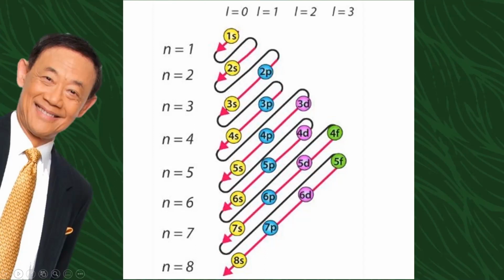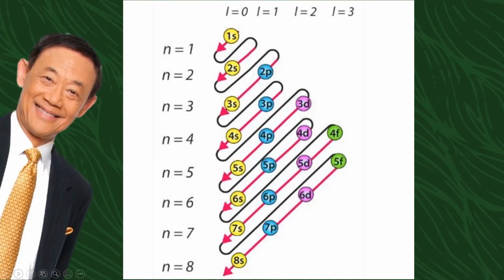Remember that s can hold 2 electrons, only 2 electrons. Remember that p can hold 6 electrons. d can hold 10. Remember, d can hold up to 10 electrons. And f, the highest, can contain 14 electrons.